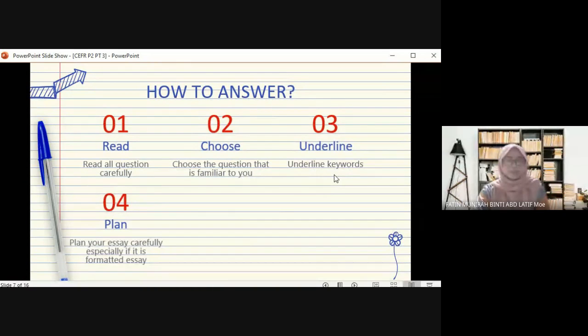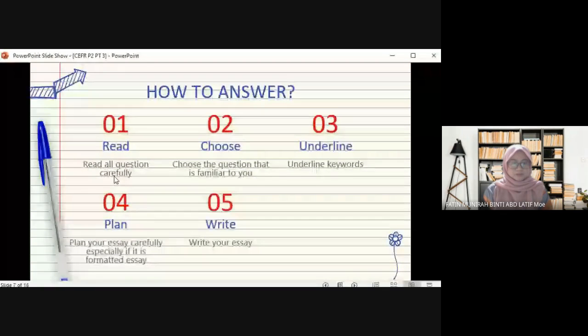So kenapa kena plan your essay? Because we have marks for organisation. Kita ada markah untuk pengurusan. Okay, coherency of the essay. So this is when planning helps you. Kat sinilah plan tu membantu kamu untuk jawab soalan.